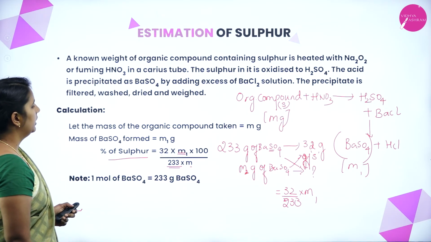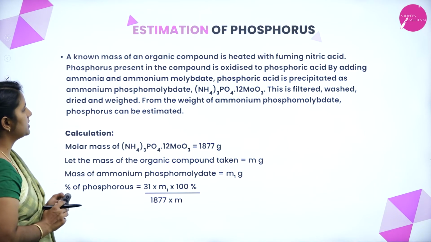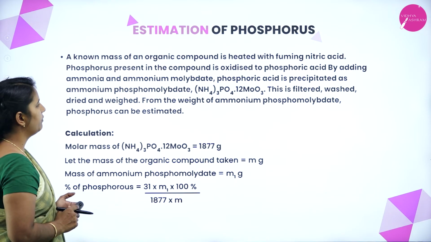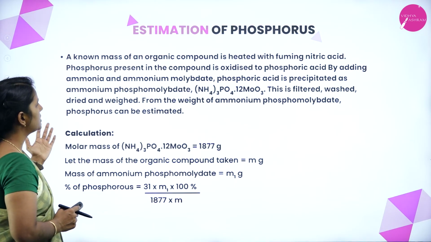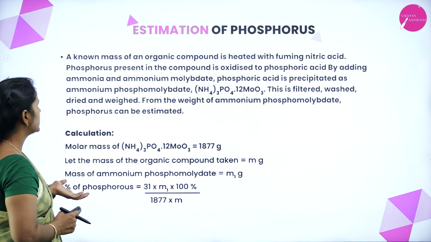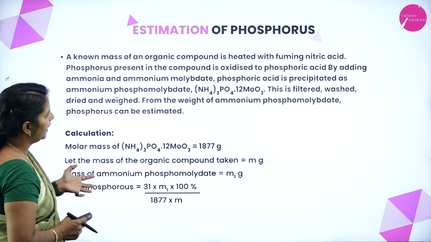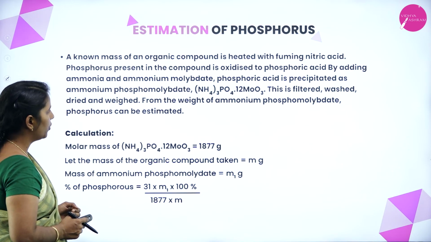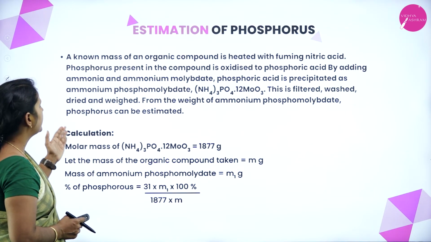Next, estimation of phosphorus. The known mass of organic compound is heated with fuming nitric acid. The phosphorus gets oxidized to phosphoric acid. With ammonia and ammonium molybdate, the phosphoric acid is precipitated as ammonium phosphomolybdate. Then it is filtered, dried and washed.